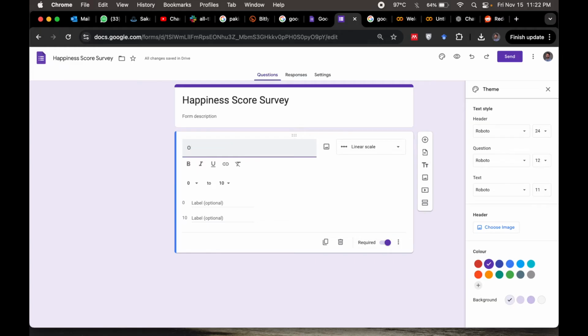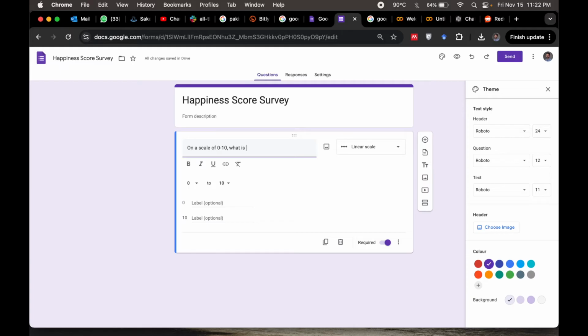For clarity, let's also tell our respondents, on a scale of, I know it's evident from here, but it's good practice to also write this down. On a scale of 0 to 10, it's not a question of how happy you are, it's about their perception of the happiness index.